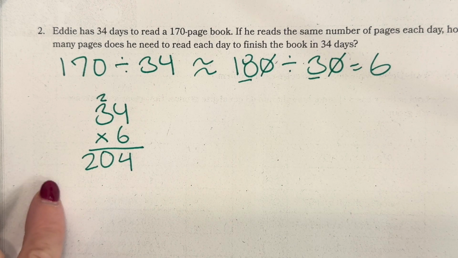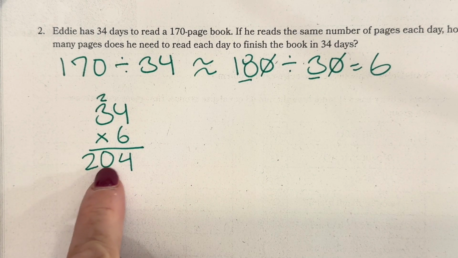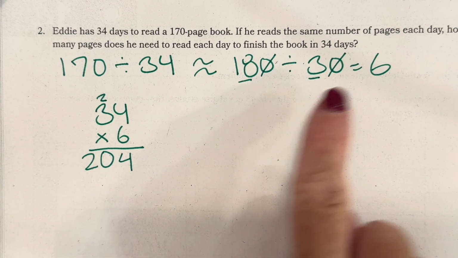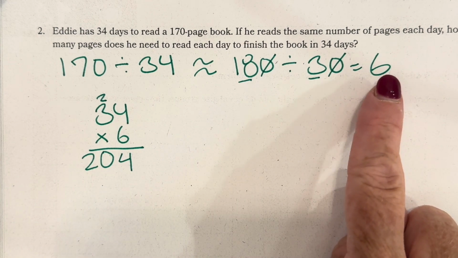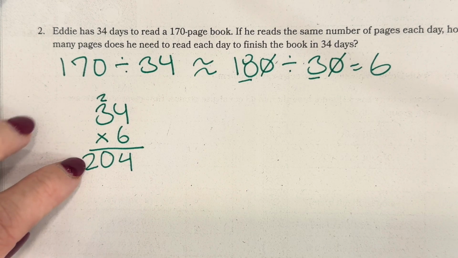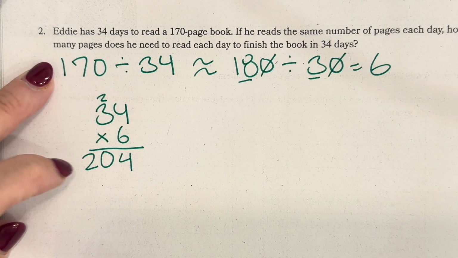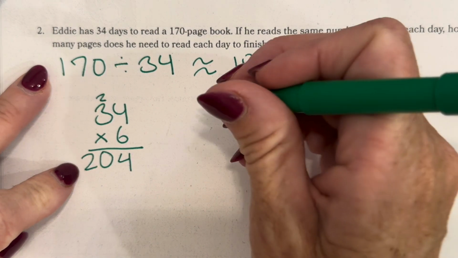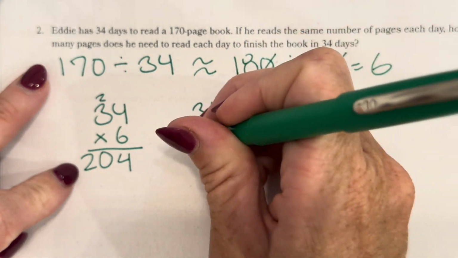So that's too large. If Eddie read 6 pages a day for 34 days, he'd read 204 pages. So my estimate was too much. He doesn't need to read that many pages a day. This is too large. This is the number I was dividing, and this is what I ended up with. So I'm going to try something smaller.